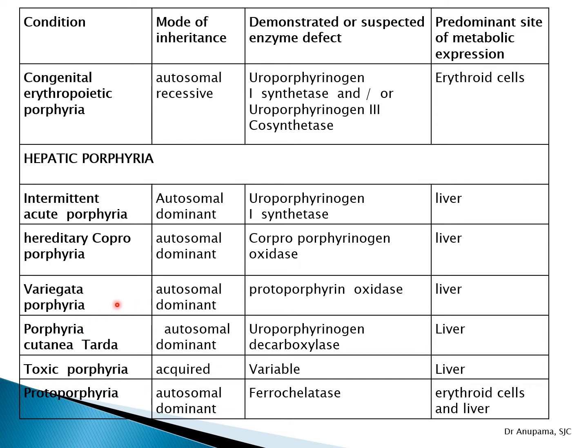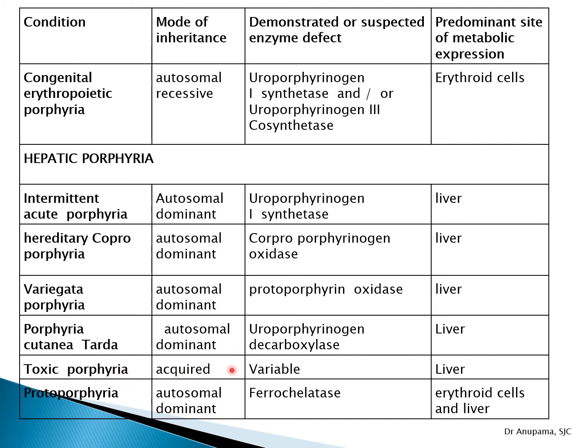Then we have variegata porphyria, which is also autosomal dominant, and the enzyme that is responsible for this is protoporphyrinogen oxidase. Then we have porphyria cutanea tarda, an autosomal dominant disease because of a defect in the enzyme uroporphyrinogen decarboxylase. Next is toxic porphyria.